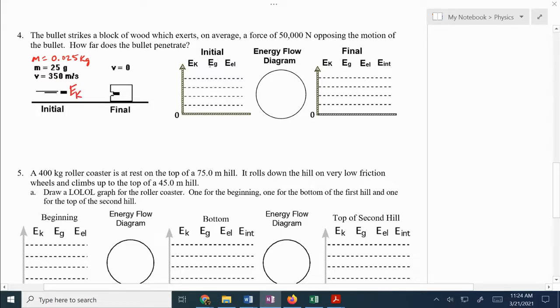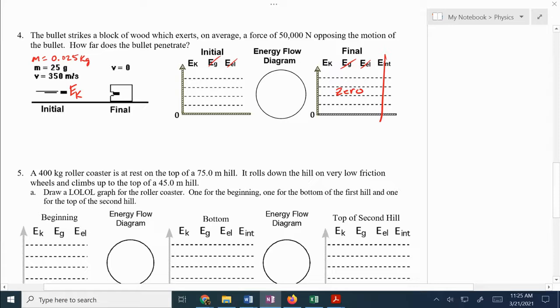At the end, there's no gravitational energy, since it hasn't changed height. It doesn't have elastic energy because there's no spring. It doesn't have kinetic energy because it's not moving. So basically, we would have 0 energy on this other side.